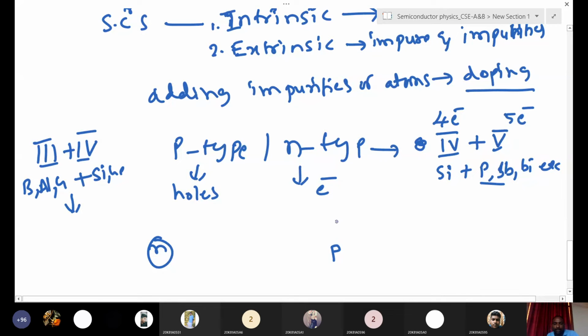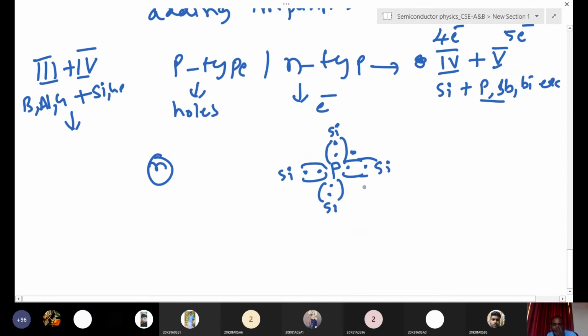Four of these electrons are shared with neighboring silicon atoms, making covalent bonds. But phosphorus has one more extra electron, which is ready to donate, to make another covalent bond.